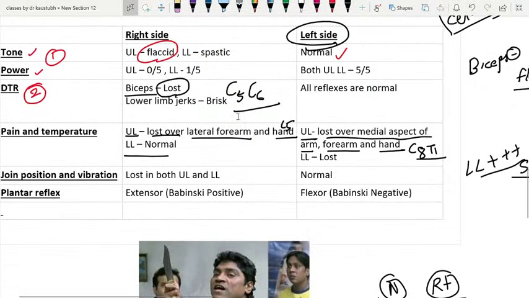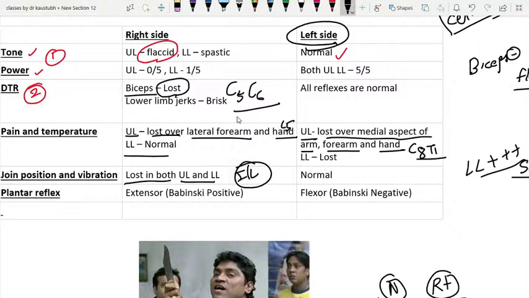Posterior column tract, what is happening? Lost in both upper and lower limbs on the same side. So this is ipsilateral in this case, contralateral is absolutely normal, right? Extensor Babinski positive, that means again this is telling that for lower limb this is UMN.